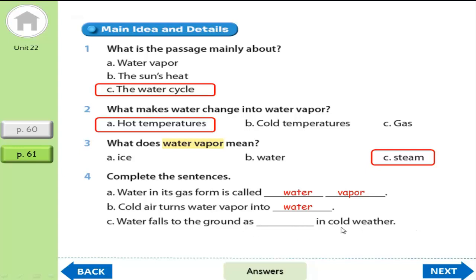What is your answer here? Okay, so when the temperature is cold, water falls to the ground as snow. Okay, now continue to the next page.